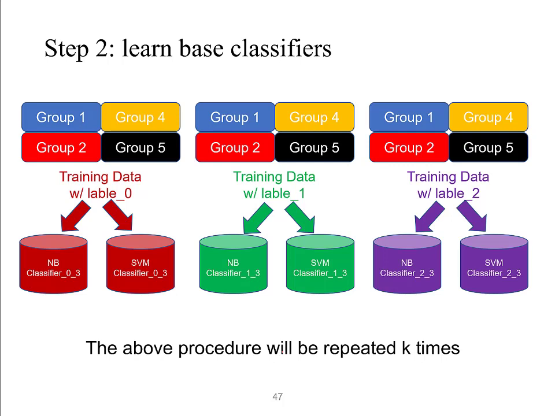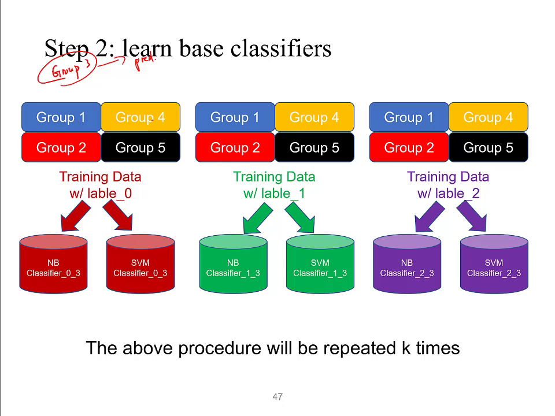The example here is group 3, the third set. That's why group 3 is for prediction, and groups 1, 2, 4, 5 form the training data.